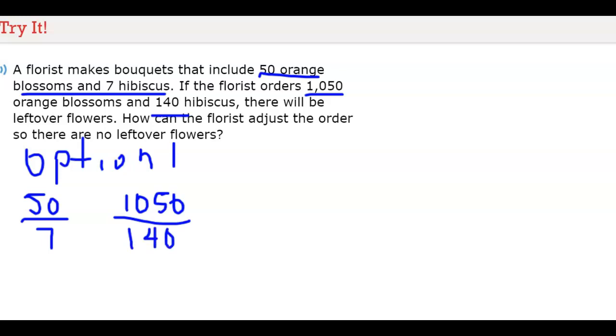So we have to consider that 50 orange blossoms. So let's see, 50 times what will get me close to 1,050.